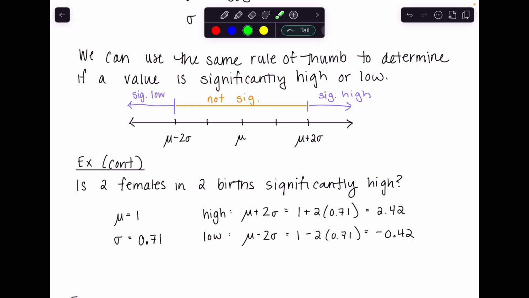So really, this is kind of an interesting example because none of the values are significant. They're pretty common. So you can't possibly have more than 2.42 females in 2 births. It's impossible. So here, no, this is not significant because 2 is within 2 standard deviations of the mean.